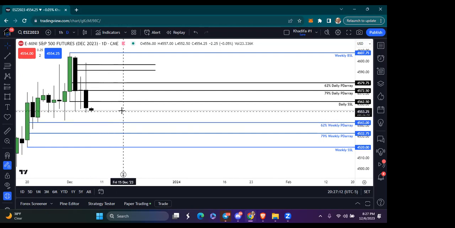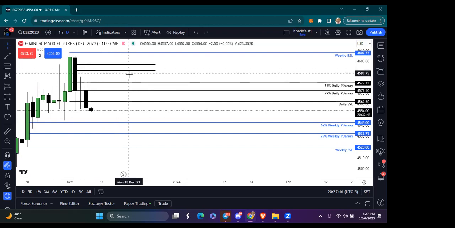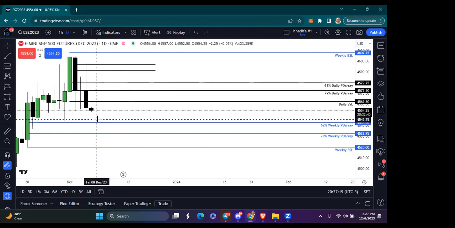And then going into New York we start to see the market pull back up off of that weekly PD array level, right? But we've got to close below that daily buy side liquidity. So I do expect ES to pull down at least to that first weekly PD array level, and then I'll start looking for smart money reversals.